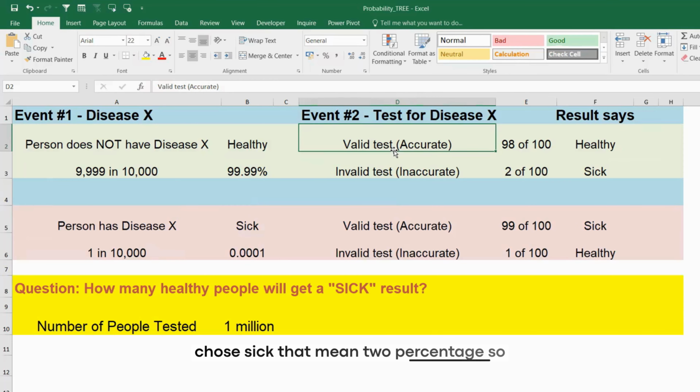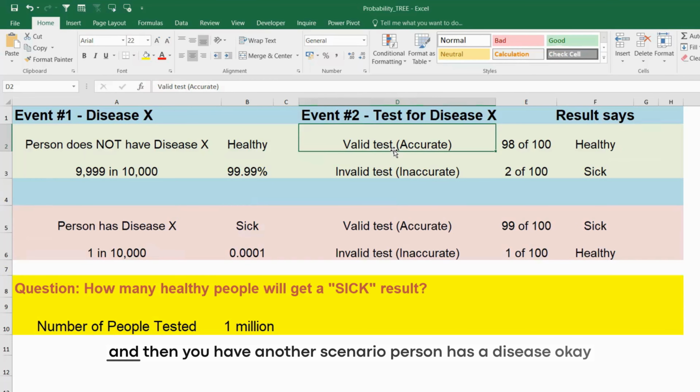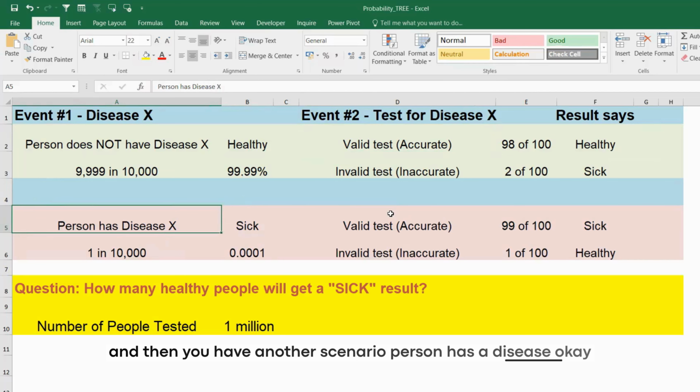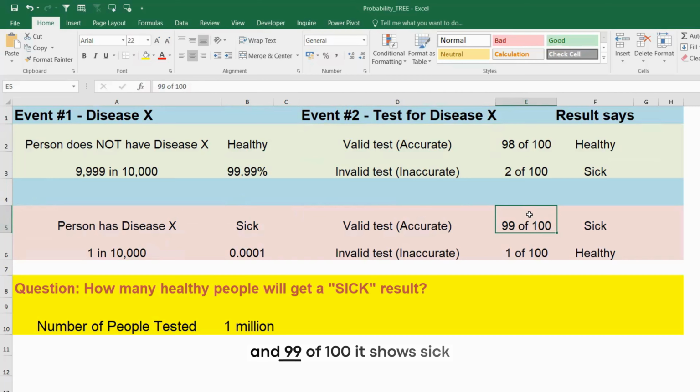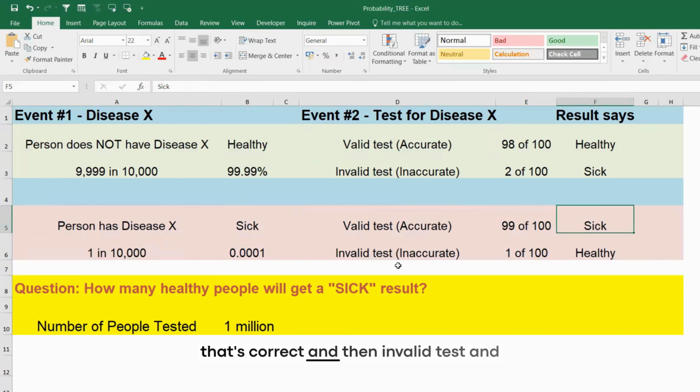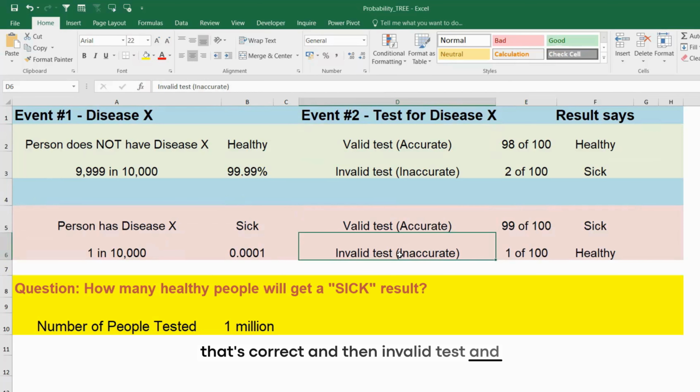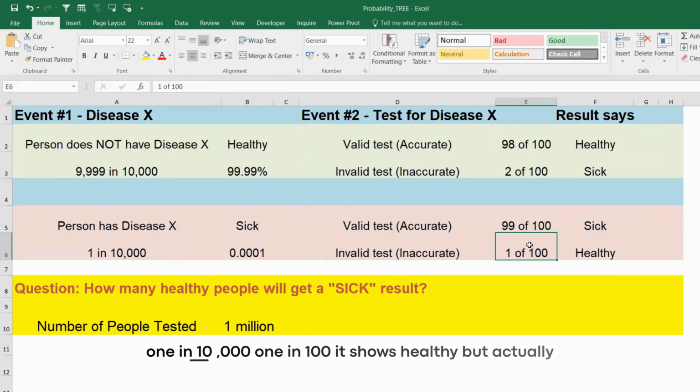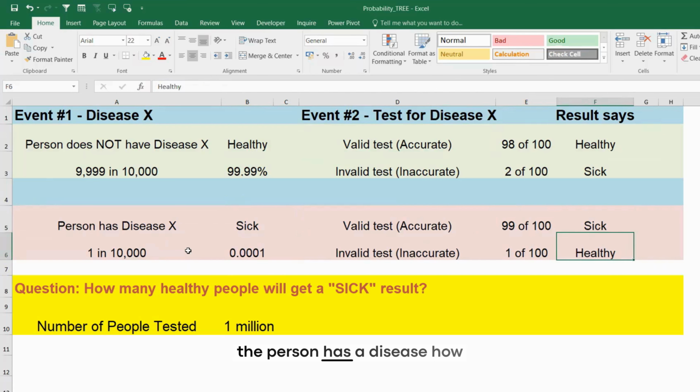That means 2%. And then you have another scenario. Person has a disease, and 99 of 100, it shows sick, that's correct. And then invalid test, 1 in 100, it shows healthy, but actually the person has a disease. How many healthy people will get a sick result?